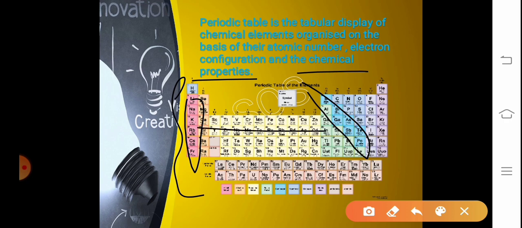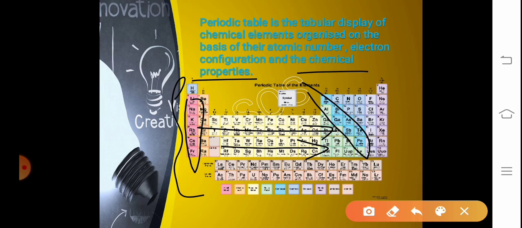And if you look at some elements in the middle group, you can also say that these elements have the same electronic configuration. Some of these elements have the same chemical properties and electronic configuration, and they are arranged in increasing order of their atomic number. Hence, it is easy for us to study the periodic table.